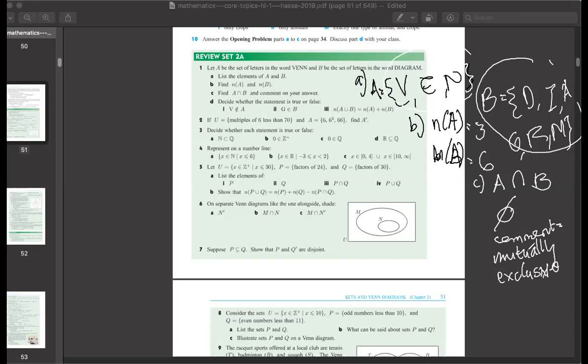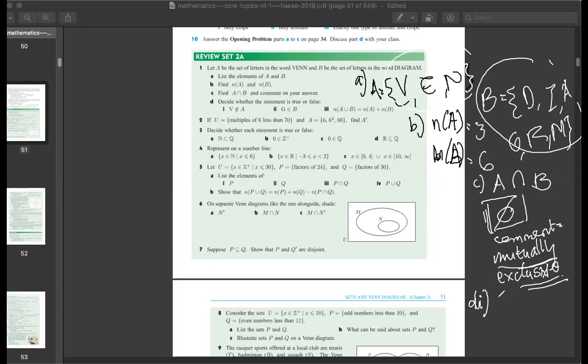You can use any kind of big words, but if you don't say mutually exclusive or that it's an empty set, you won't get points. I think you don't have to say the empty set, you just need to say the mutually exclusive part. And then for part D, decide whether the statement is true or false.